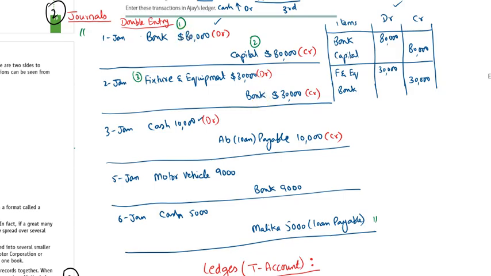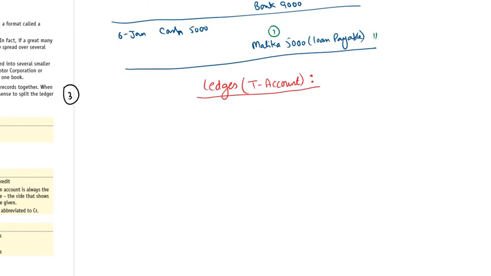Bank is already open. Cash is a new account. AB loan will be the fifth one. Motor vehicle the sixth one. Bank and cash are already open. Malaika, the other payable person, is the seventh. So we will open a total of 7 T accounts that collectively are called the ledgers. We will open the 7 different ledgers. Number one, bank, capital. So we will open them here.